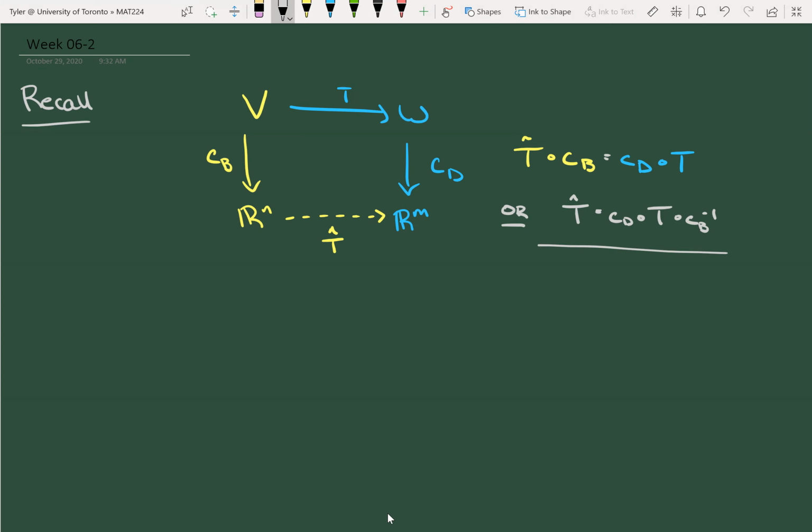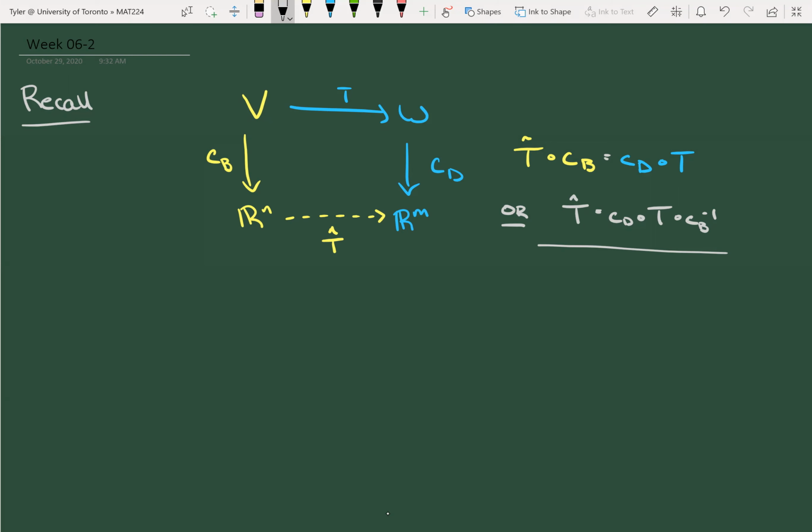It says, okay, I'm going to start with an element in Rn, and I'm going to reverse the coordinate transformation to figure out what the element in V is. And then I'm going to apply the linear transformation, and then I'm going to decode that information by using the coordinate transformation to figure out what it is in Rm. And so that's what this is, right? It's the composition of these three functions, and it does that. So, okay, I think that hopefully makes a lot of sense.